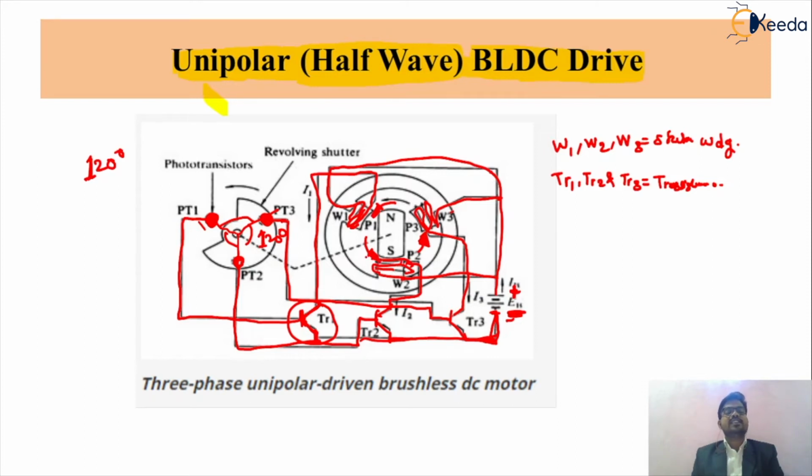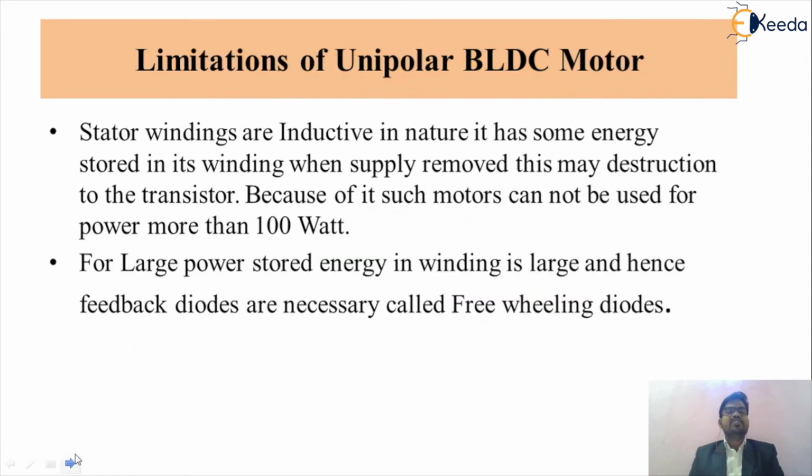So friends, in this BLDC motor only one phase will be energized. That is, one phase of the stator winding will be energized. That is a very important concept. That is why the operation of this unipolar BLDC drive is half wave, and that is the important concept. Now friends, we can understand what the different limitations of the unipolar BLDC motor are.